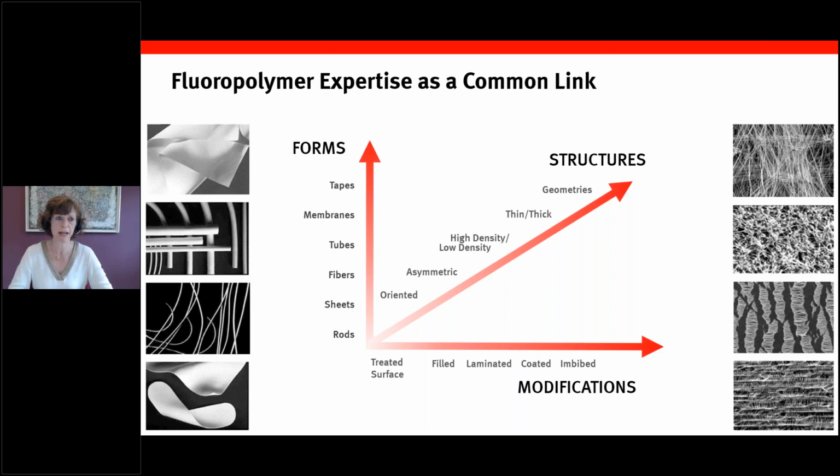So we modify fluoropolymers in their form and their structure, and we also do things like filling them, coating, laminating, treat the surface and things like that. And we play with the orientation, the density and the thickness and the geometry of the fluoropolymer and put it into different forms like shapes, tapes, fibers, tubes, and membranes, just to give you a few examples.